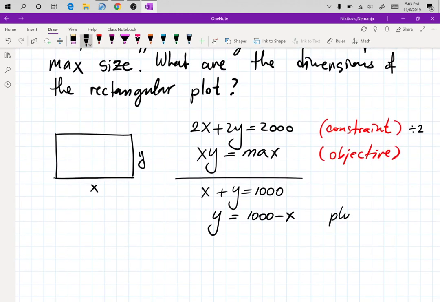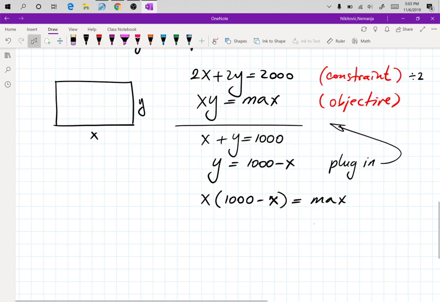Plug into the objective. We get x times (1,000 minus x) equals max. And then you have 1,000x minus x squared equal to a max. And now, as you can see, your objective equation has only one variable, variable x.